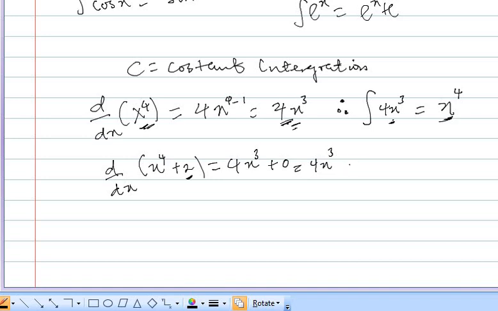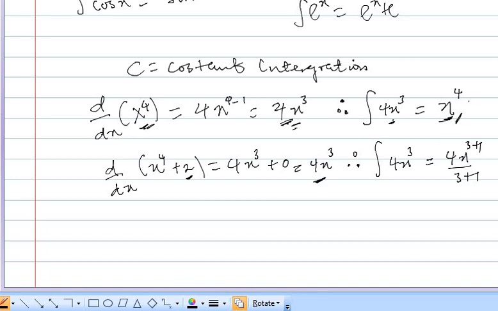But if you want to integrate this function, the integral of 4x raised to the power of 3 will give you 4x to the power of 3 plus 1 all over 3 plus 1.